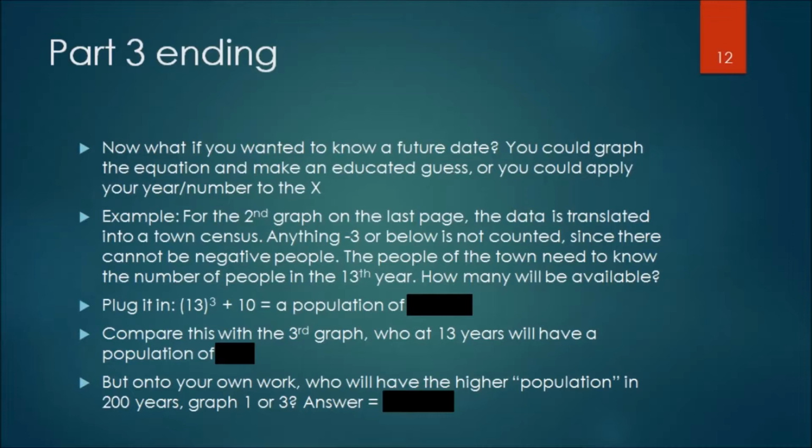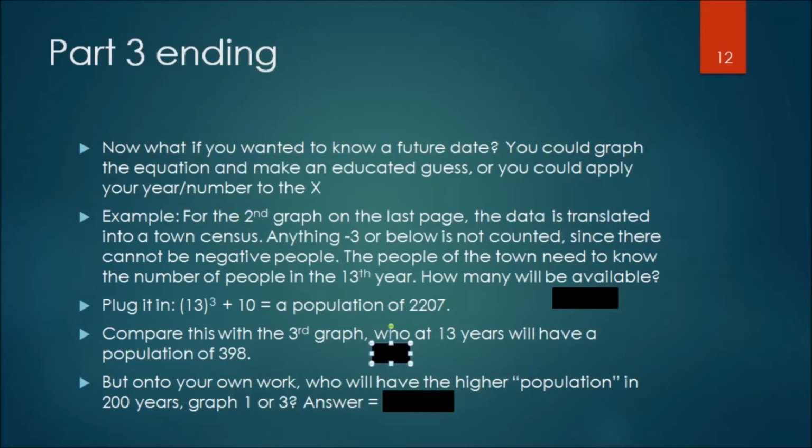If you plug it into an example, town B, you will plug in 13 cubed plus 10, and that will equal a population of 2,207. If you compare this with the third graph, or town C, at 13 years it will have a population of only 398.